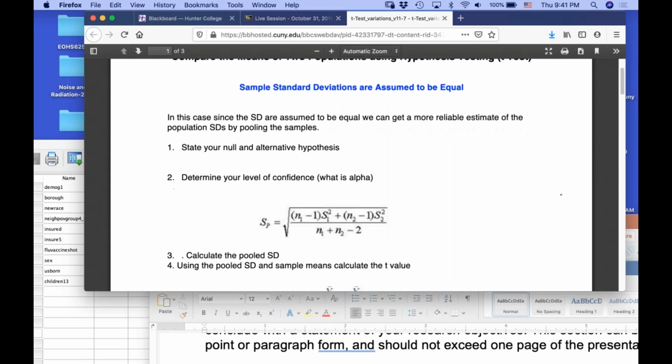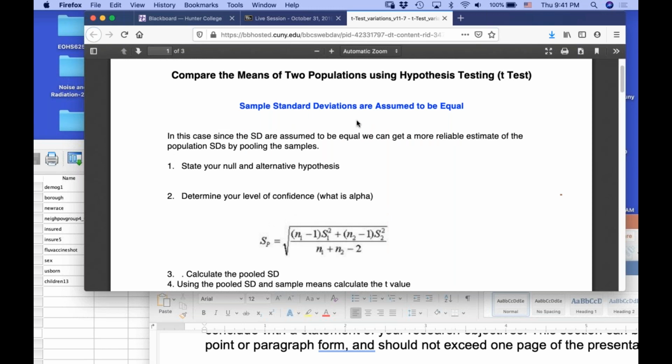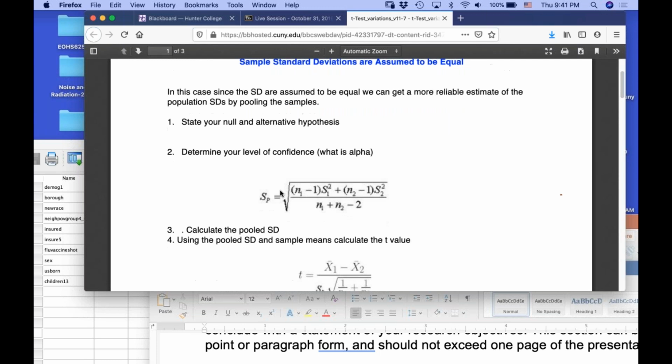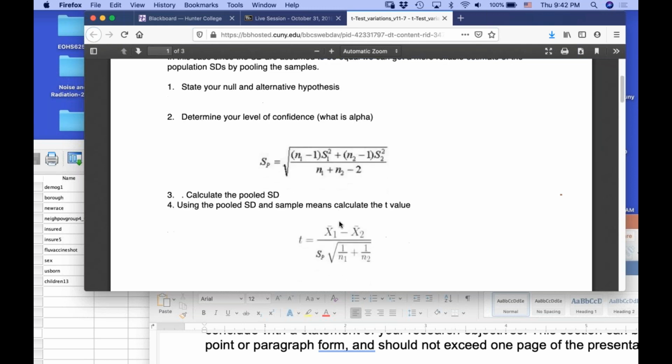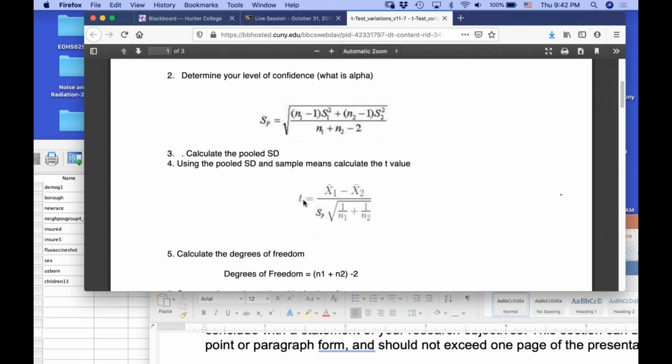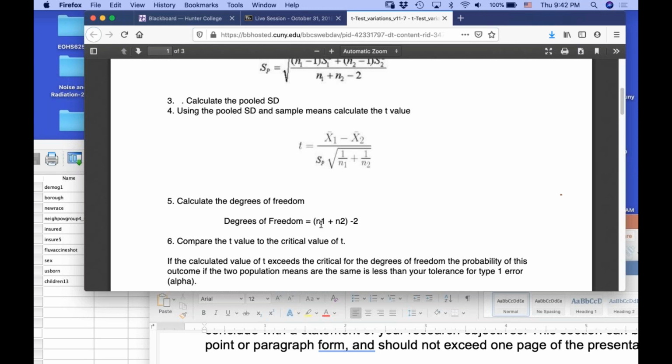If you're doing it manually, I mentioned that if the standard deviation of group A is less than double, or more than one half, the standard deviation of the other group, then just assume them to be equal, which means you would calculate a pooled standard deviation. This is standard deviation group 1, standard deviation group 2, and these are the sample sizes. Calculate a pooled standard deviation, and then use it in this formula to find your t-score. Your degrees of freedom are the sum of the two sample sizes minus 2.